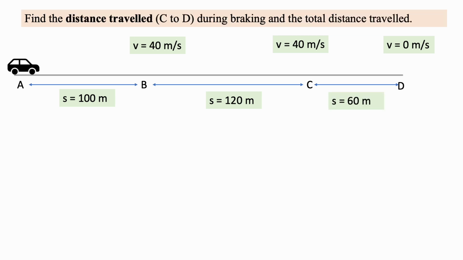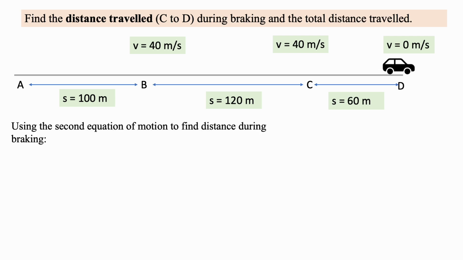Now let's find the distance traveled during braking and the total distance traveled by the car. We will be using the second equation of motion, S equal to ut plus half at square. We will be using the value of deceleration, minus 20 meters per second square, for a.